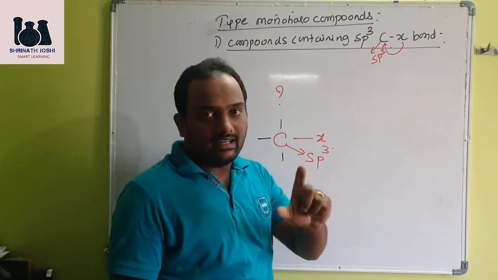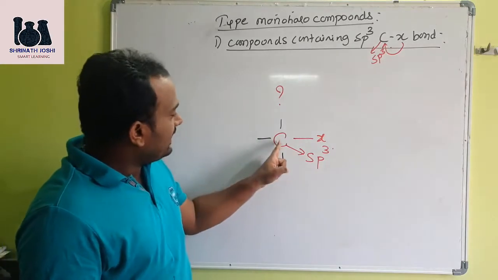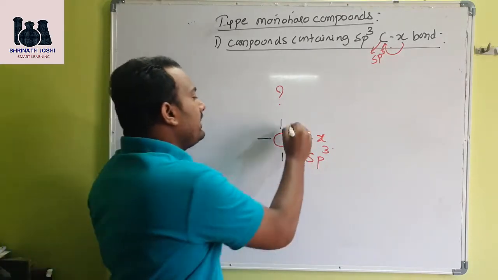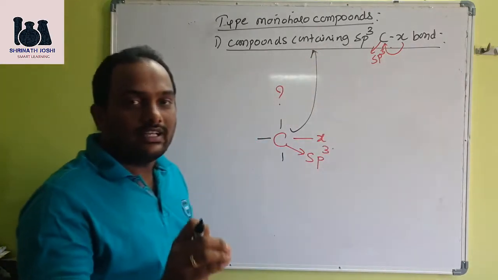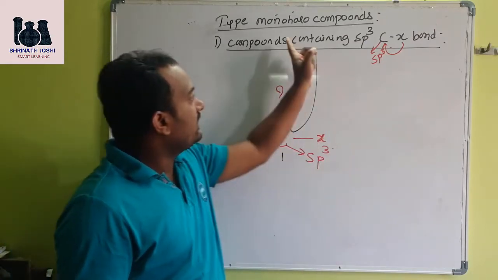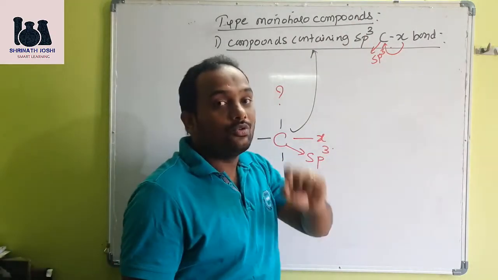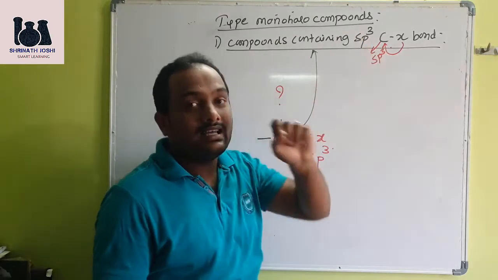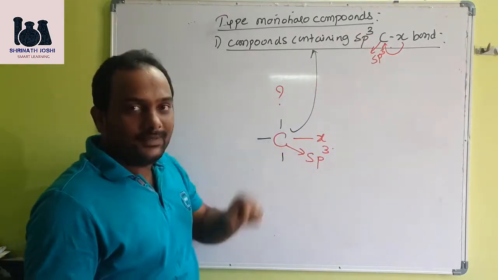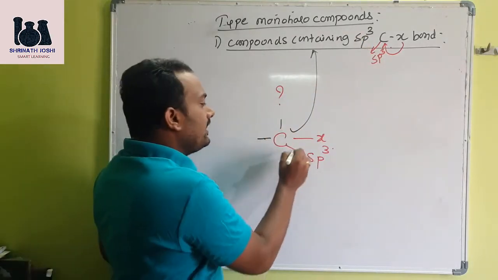It will have a tetrahedral structure. Then they are classified under the heading I have written: compounds containing sp3 C-X bond. I hope you don't have any difficulty identifying it: a carbon which is sp3 will have all single bonds.